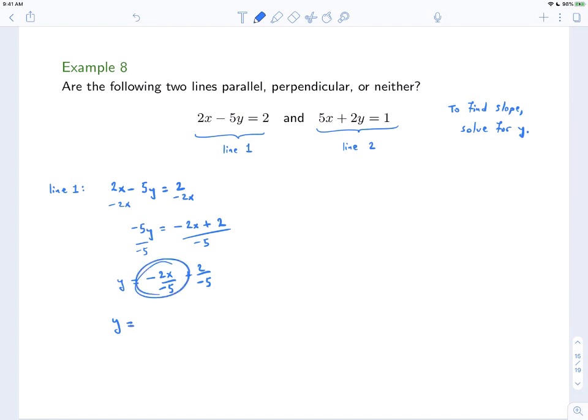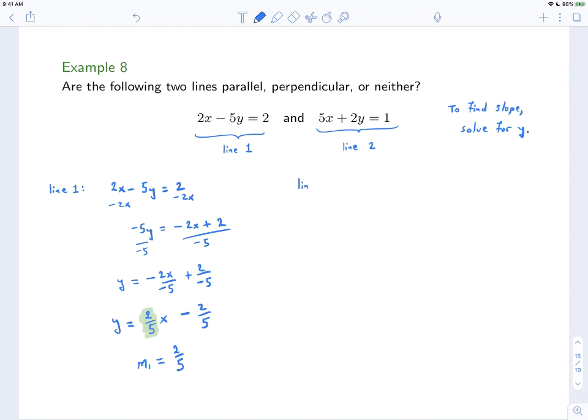Here we have a negative in the numerator and the denominator, so the negatives cancel. So we have 2/5 x minus 2/5. This is the equation of the line in slope-intercept form, and the slope is just the thing in front of the x. So m1 is equal to 2/5. m1 is the slope for line 1.